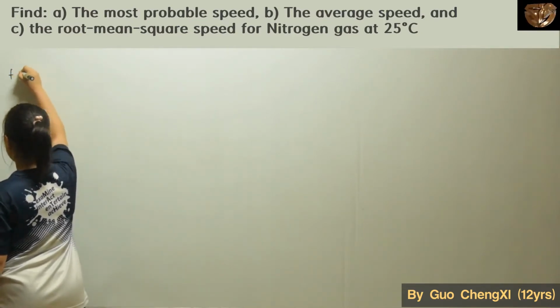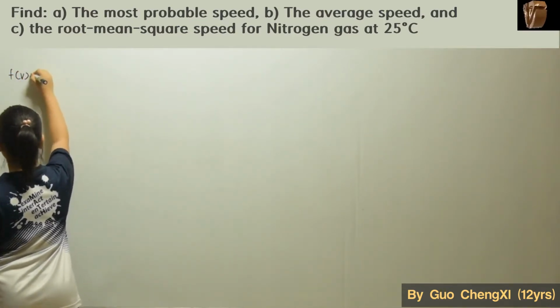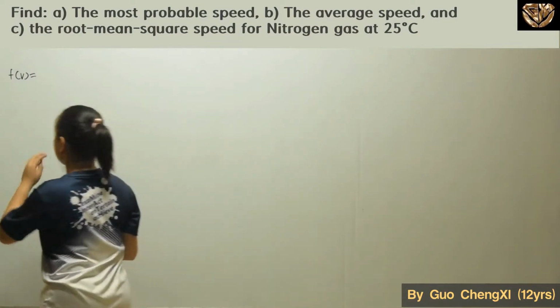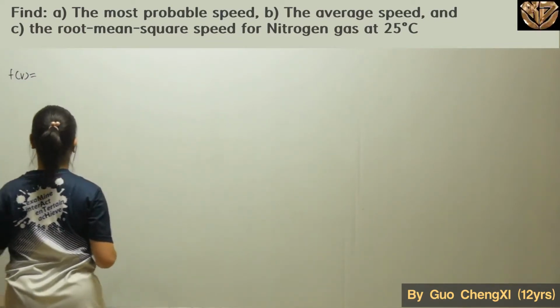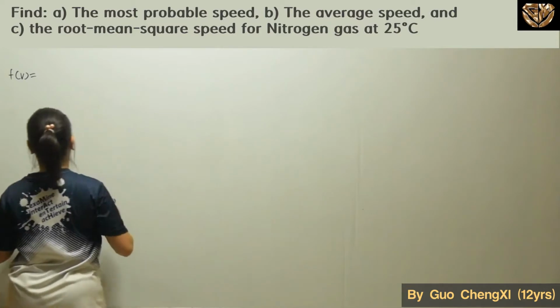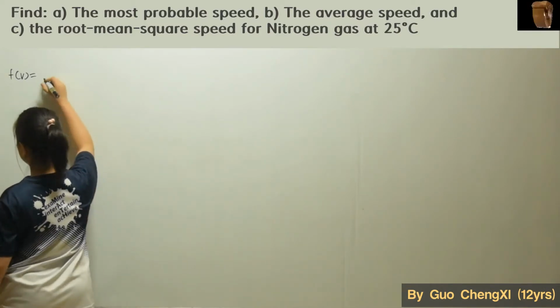So first we have f(v). Two things I need to mention: I'm going to jump straight to spherical coordinates, and it's going to be three-dimensional.